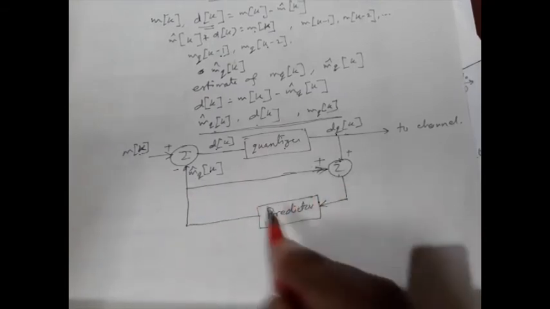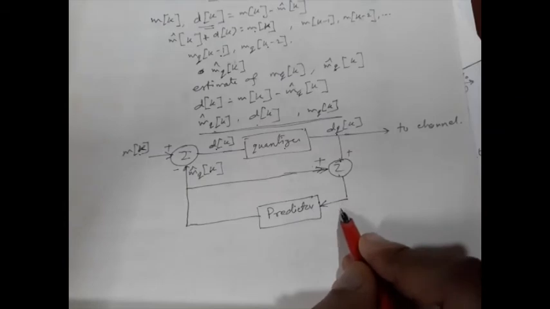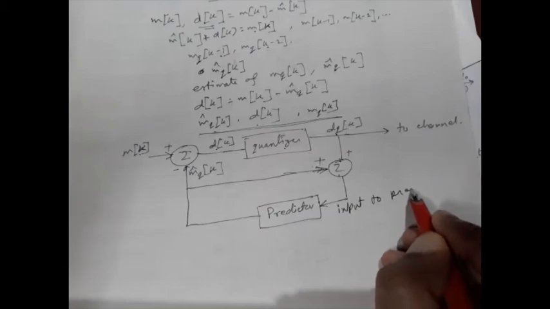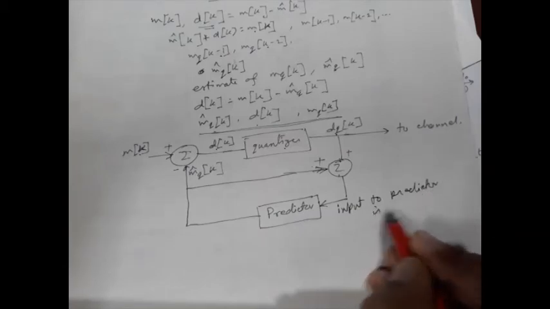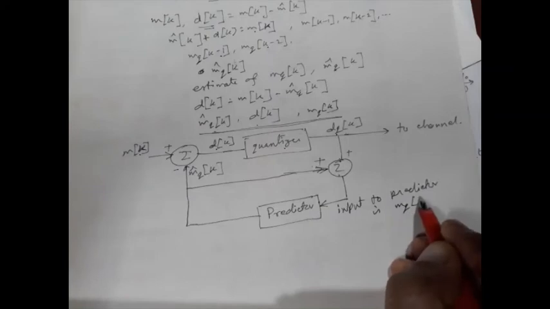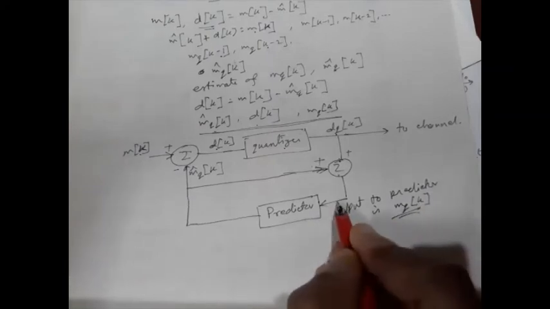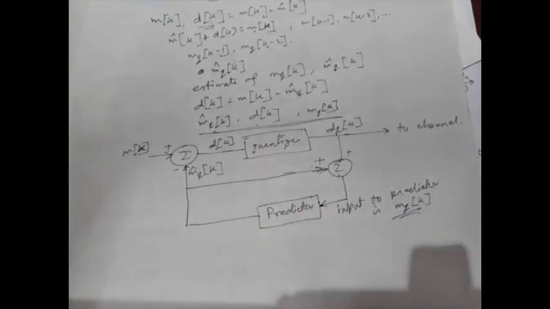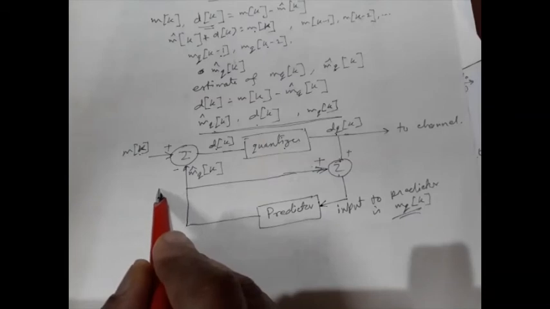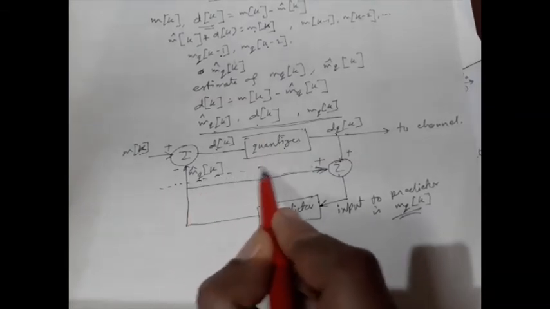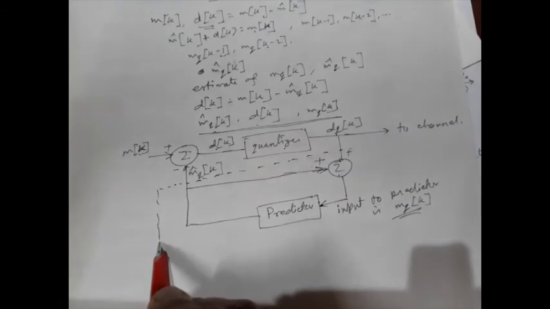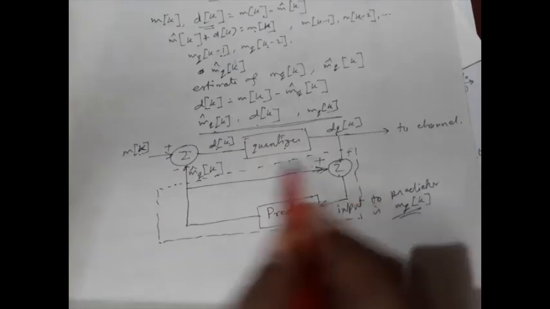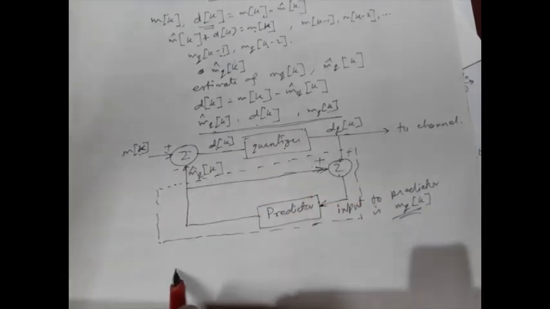That means the system will work if and only if the input to the predictor is MQK. We have to show that the input to the predictor is MQK. If input to the predictor is MQK, then the system will work. We will show it later on. Now this section is actually the demodulator part.